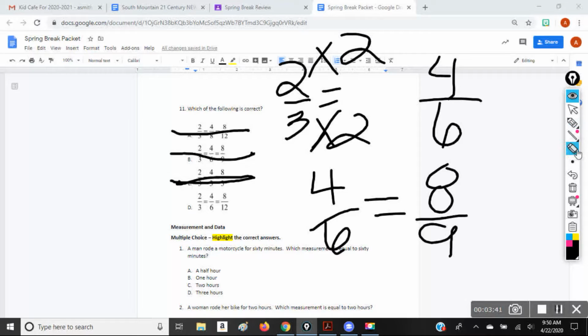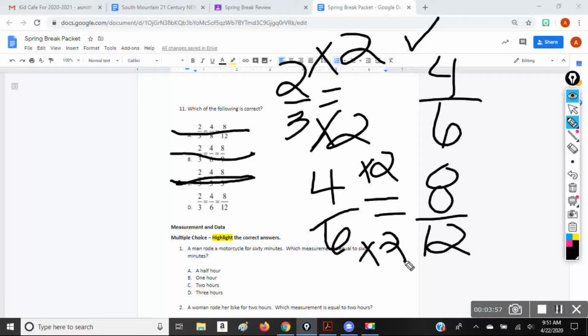And this last one states that 2/3 is equal to 4/6, which we know is true from here, and that 4/6 is equal to 8/12. 4 times 2 is 8, 6 times 2 is 12, so D is the correct answer.